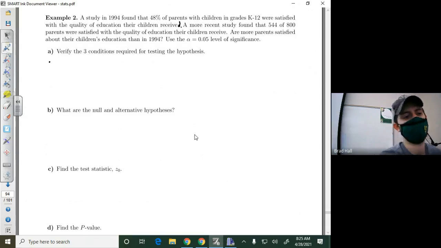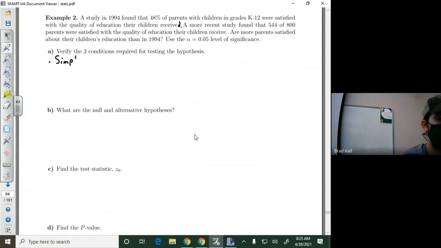As I mentioned, you're just going to assume that these two are true. These are kind of a pain to really talk about thoroughly. Simple random sample, check. The second one is samples are independent.